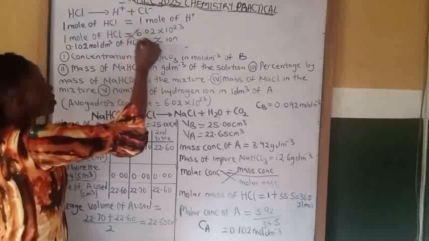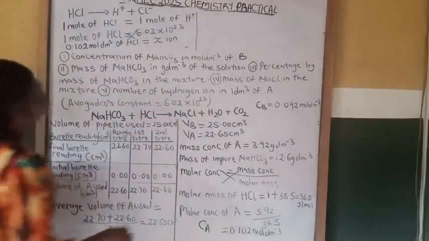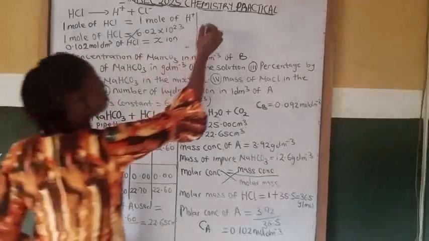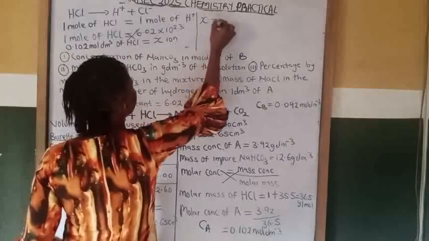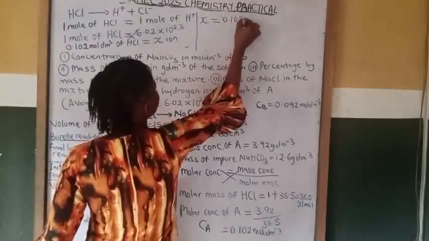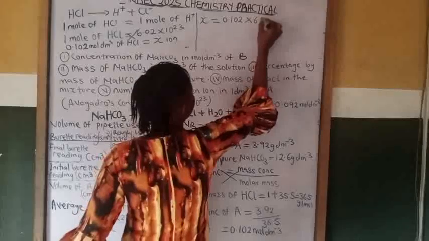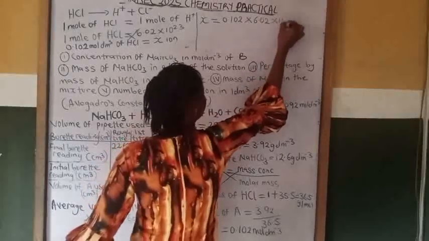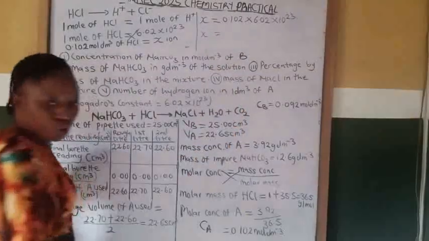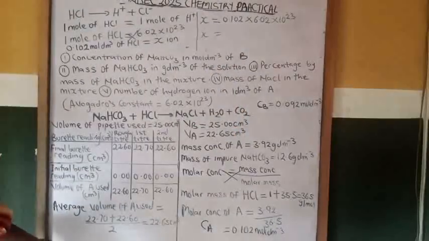So we cross multiply. By the time you cross multiply, X times 1 mole will give us X. X will now be equal to 0.102 multiplied by 6.02 times 10 raised to the power 23. So what would be our final answer for that?